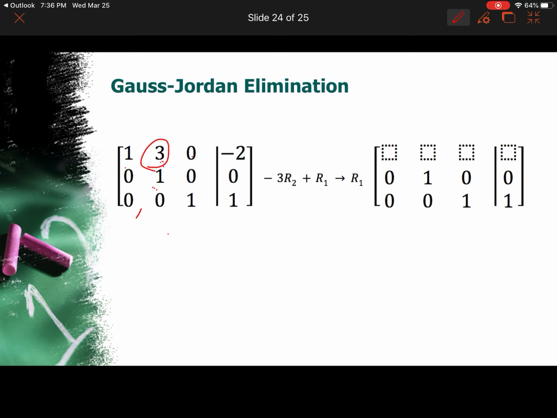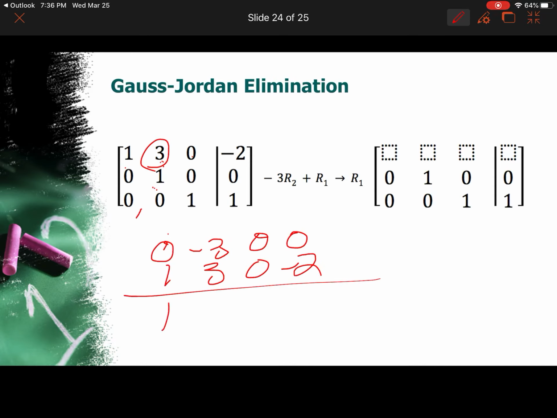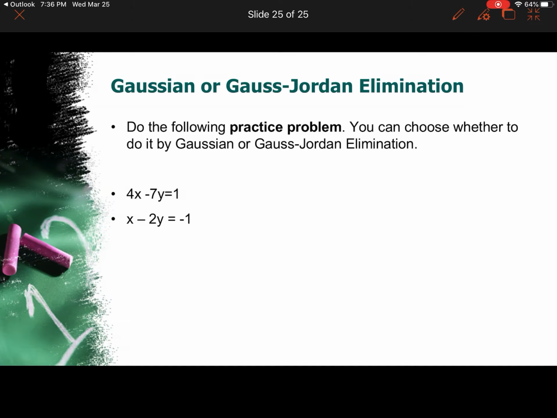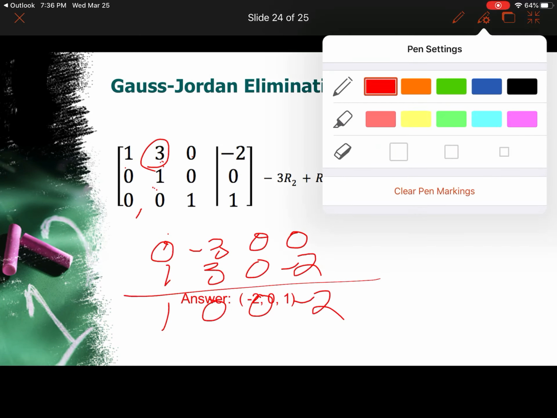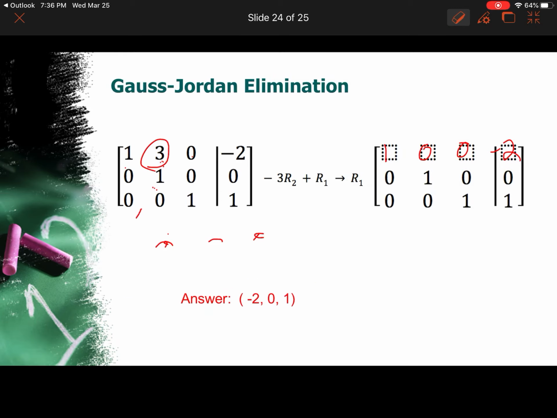So if we multiply row 2 by -3, I'm going to add it to row 1, 1, 0, 0, -2. Okay, let me erase all my writing here.